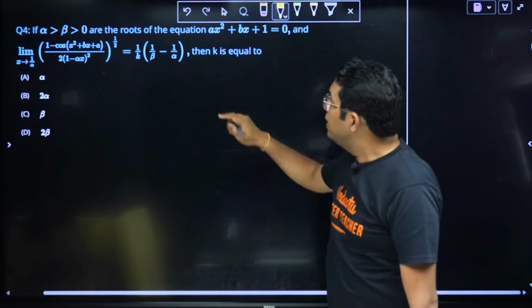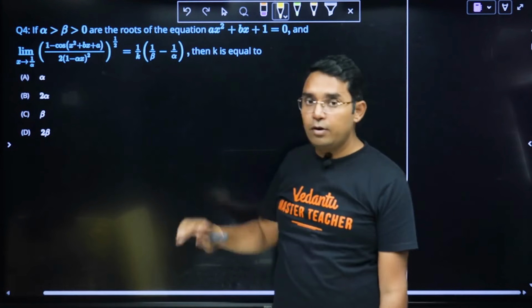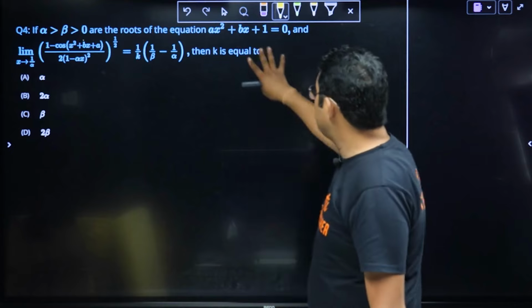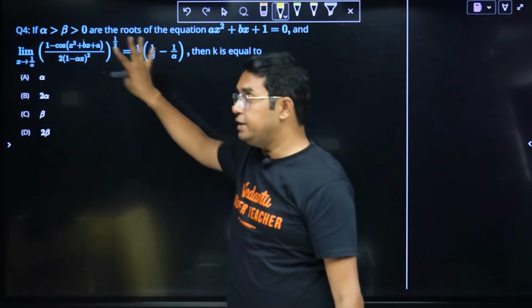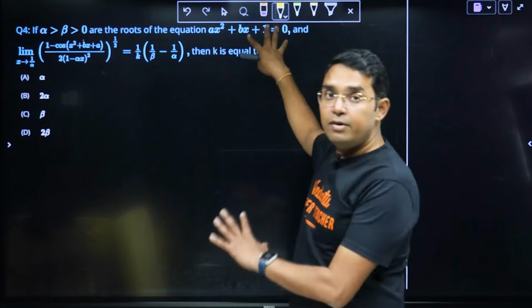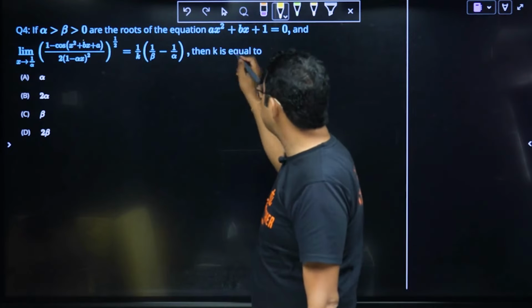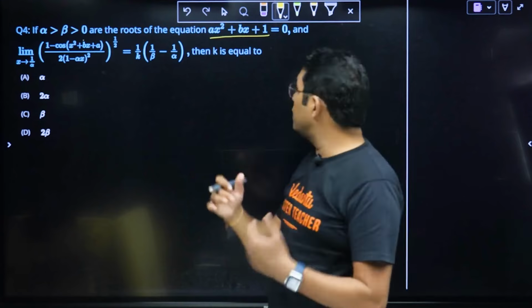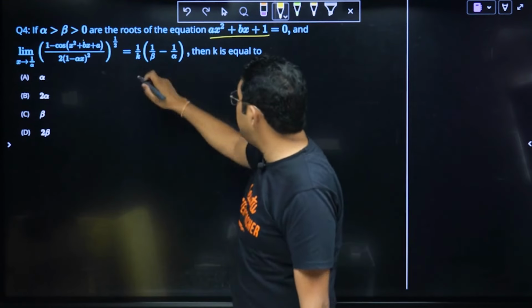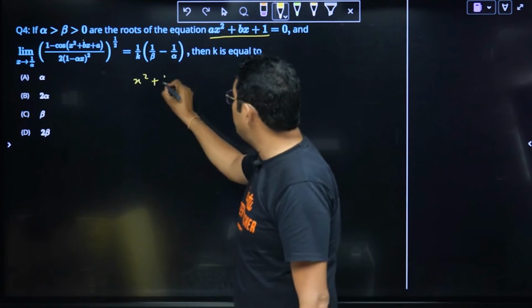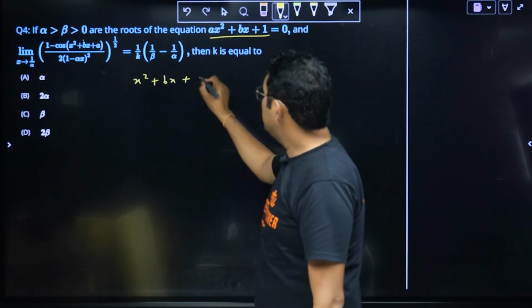Here we are given one quadratic whose roots are alpha beta, and here there is one more quadratic in the limit expression which is actually having coefficients just order reversed of the coefficient of this given quadratic, which means, please understand, if this quadratic is having root alpha beta, then if I reverse the order, I bring 1 as the leading term, it is x square, then b on the second position, so it will remain with x only, plus a.